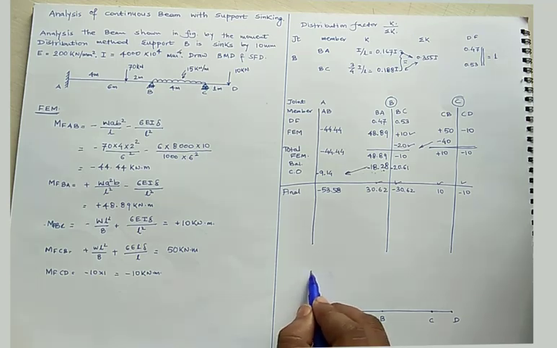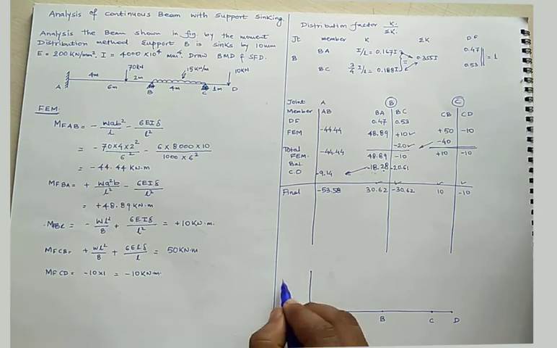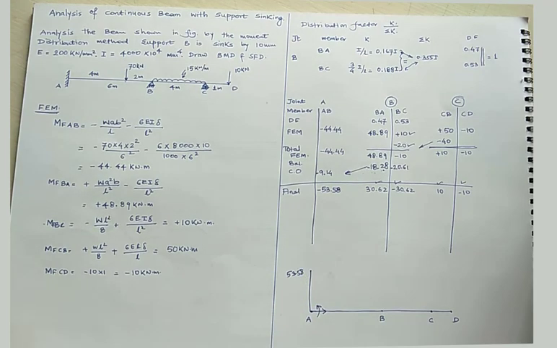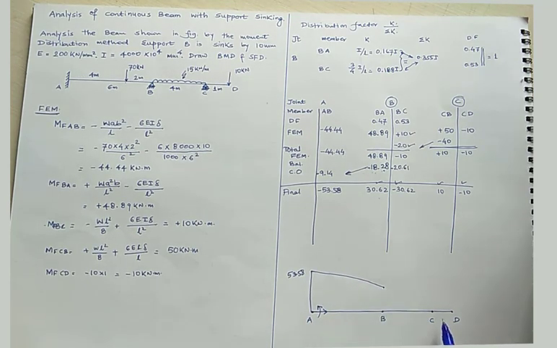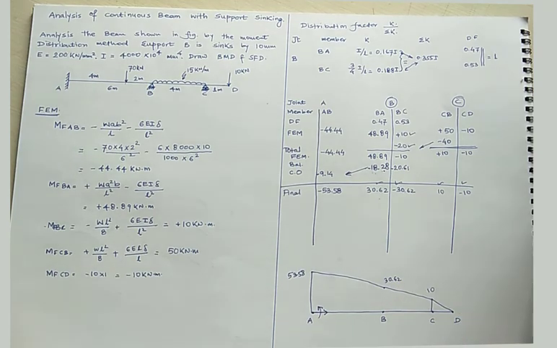So here it will be the moment 53.58. Now at joint B there is a moment of 30.62, so clockwise we have to rotate for 30.62. At C there is a moment of 10. So this is 10, this is 30.62, this is 10 kilonewton meter, and at D it is 0.